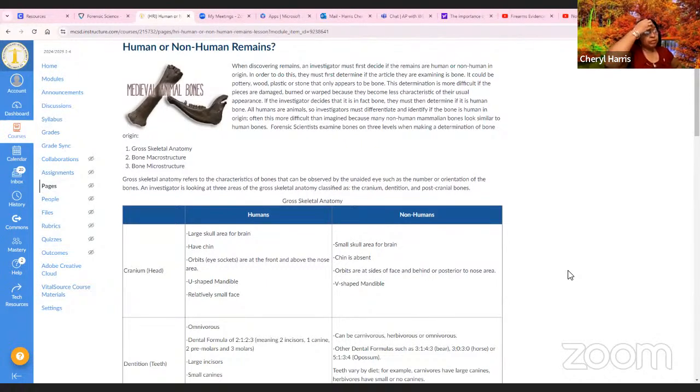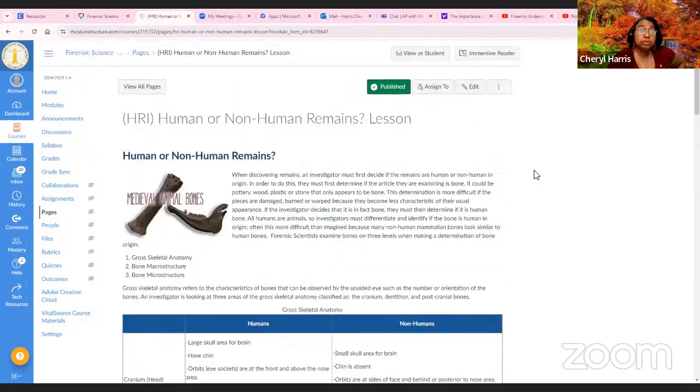So if you've already submitted, I haven't checked them yet, go back and make sure you reread your case study to make sure that you answered with the objective that you were supposed to answer it with. Again, it was about the importance of trace and physical evidence, so make sure that was part of your conclusion and your discussion.